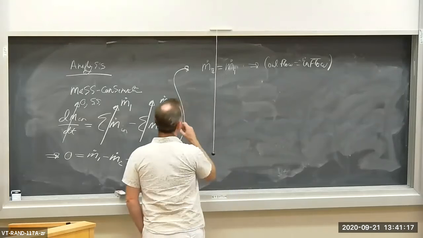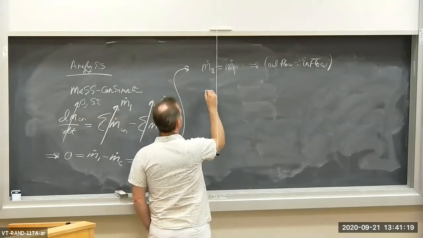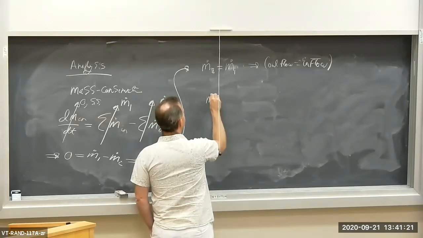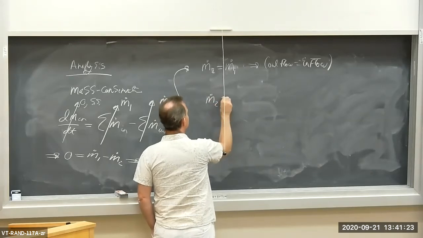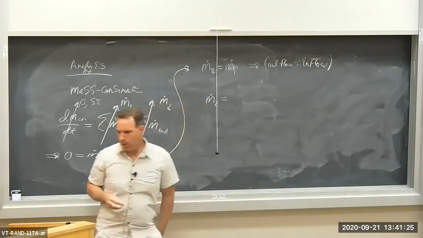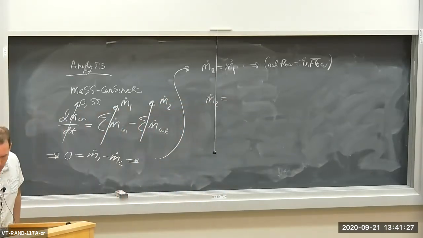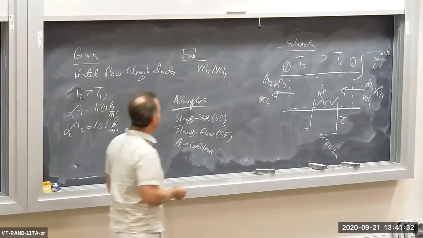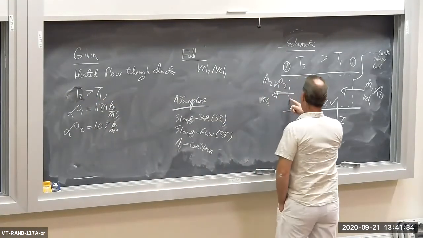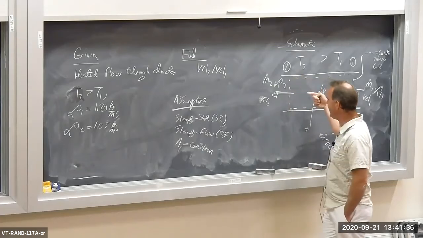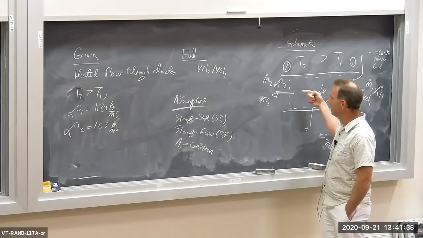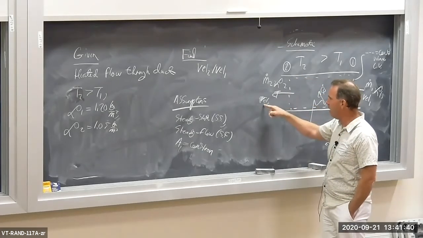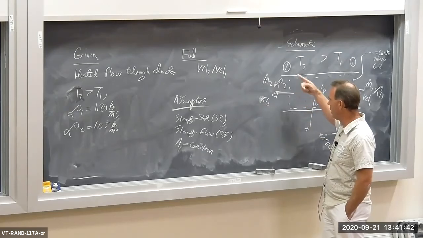Let's actually write an expression for these m-dots. For m-dot 2, the outflow, what's that equal to? Well, the outflow is equal to the density at the outlet times the velocity times the flow area.